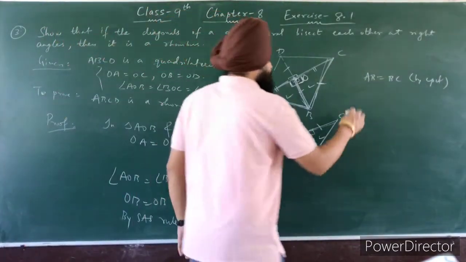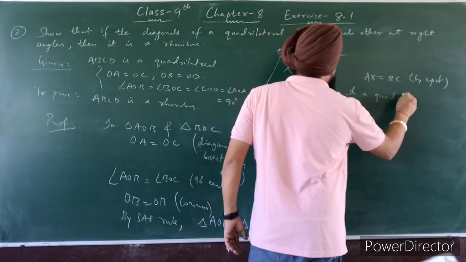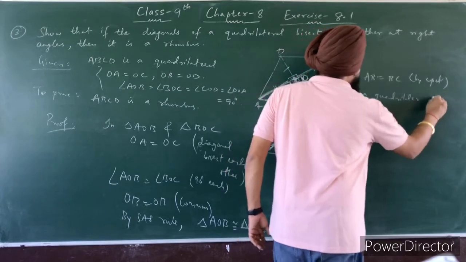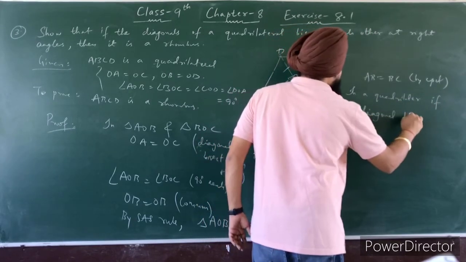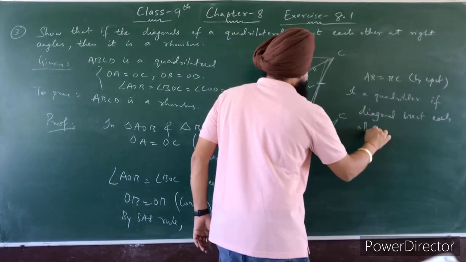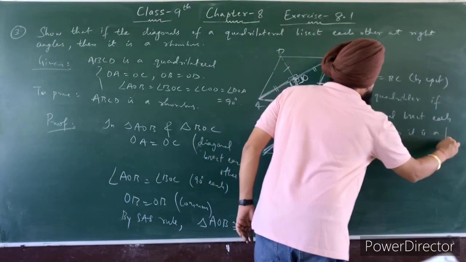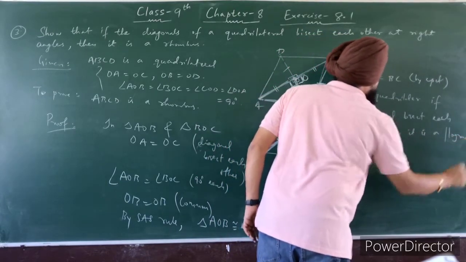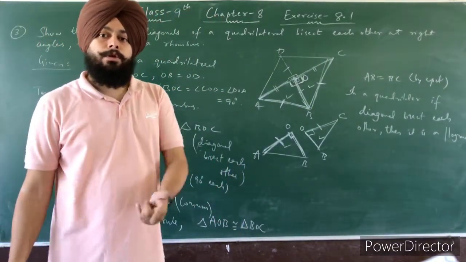So right here, in a quadrilateral, if diagonals bisect each other, then it is a parallelogram, and in a parallelogram opposite sides are equal also.